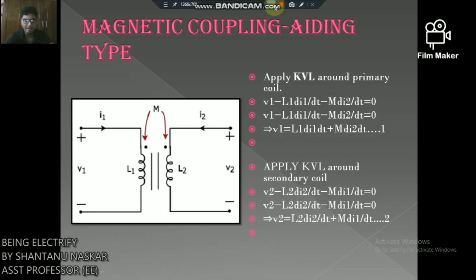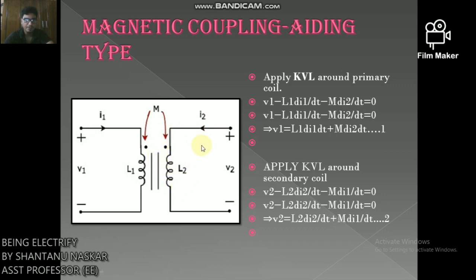Magnetic coupling, adding type. Consider the following electrical equivalent circuit of a transformer. It has two coils, called the primary and secondary coils. In my electrical machine lecture, I discussed the transformer.